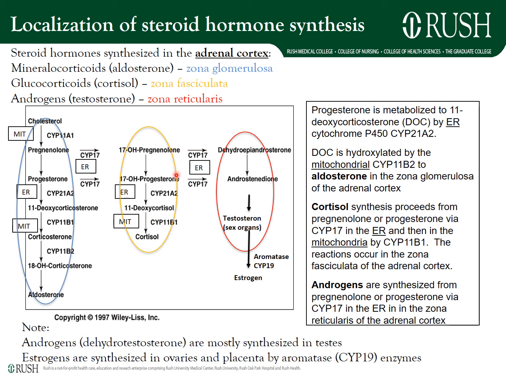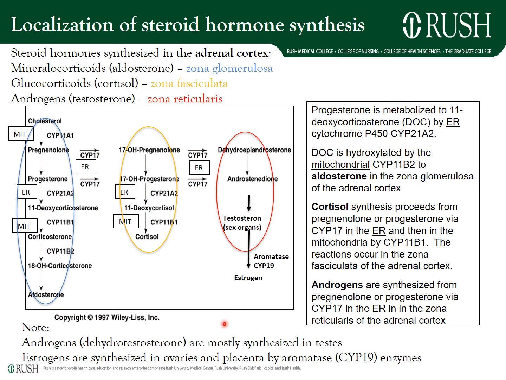Now these two 17-hydroxylated byproducts from pregnenolone and progesterone can be further modified in the zona reticularis in the ER to go down in androgen synthesis.